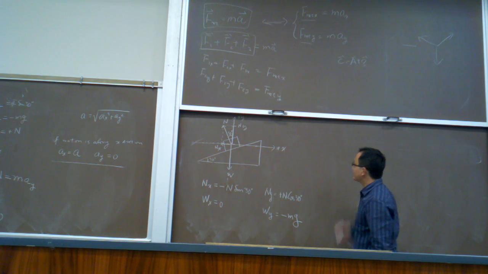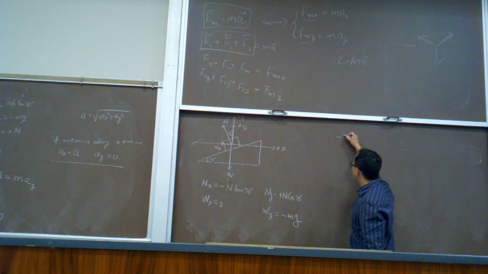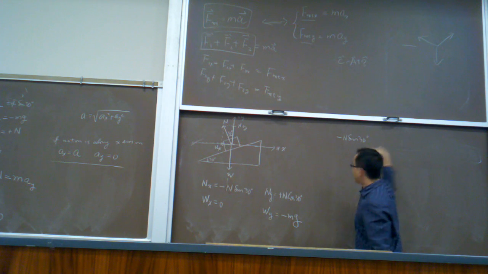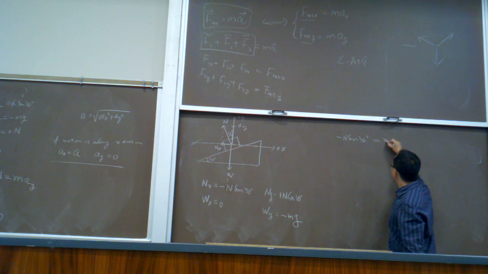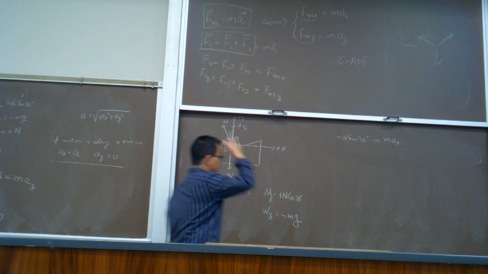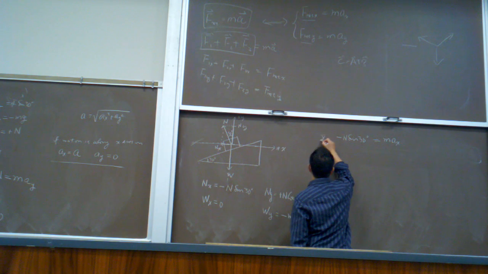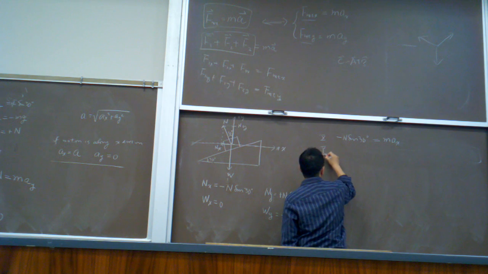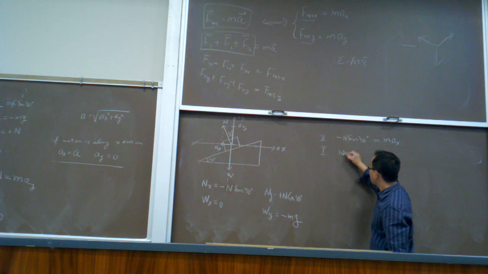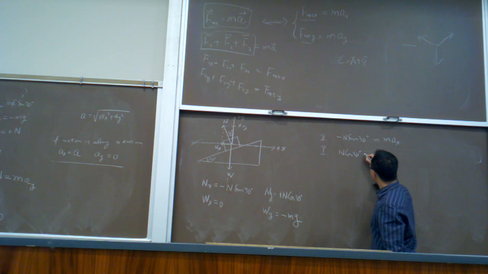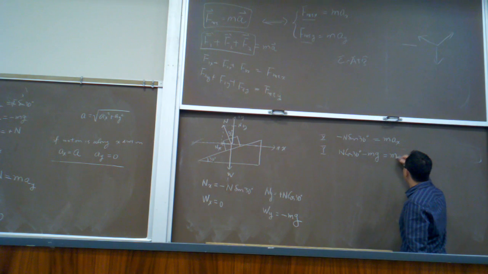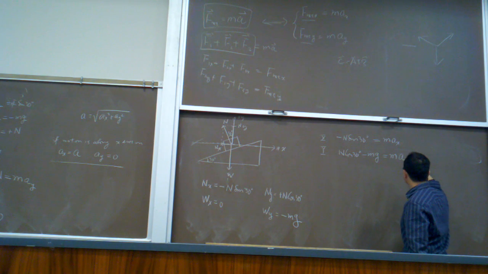Put them together, it will give you negative N sine 30 plus 0 equals m ax. And in the y direction, you have this plus this, so it's N cosine 30 degrees minus mg equals m ay.